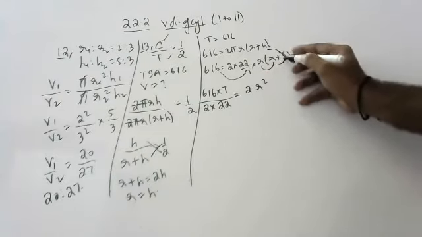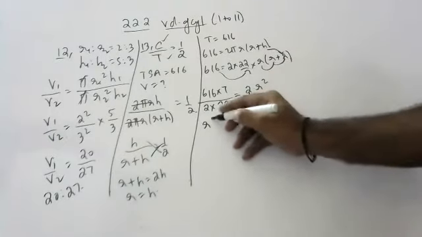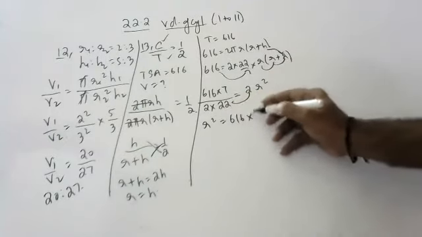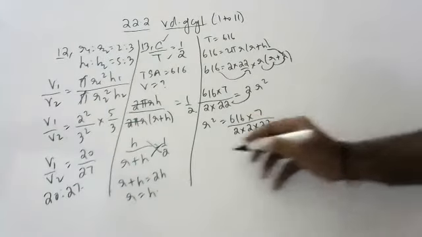This 2 also goes down. So R square is equal to 616 into 7 by 2 into 2 into 22.